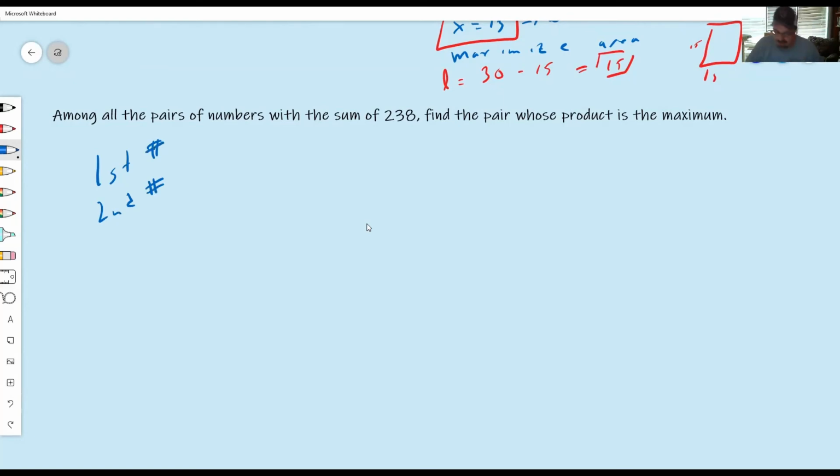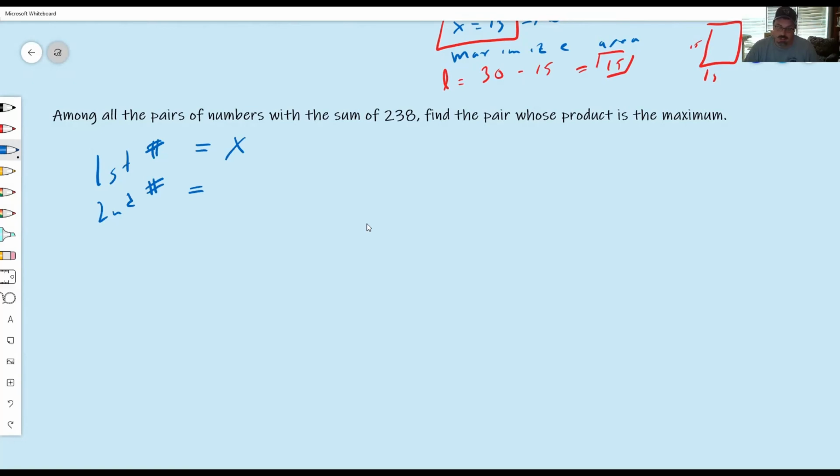And we have no idea what they are, right? Well, this is algebra, so we're going to make it trivial. Say, okay, the first number is x, right? X can be anything between 0 and 238. I have no idea what it is, right?